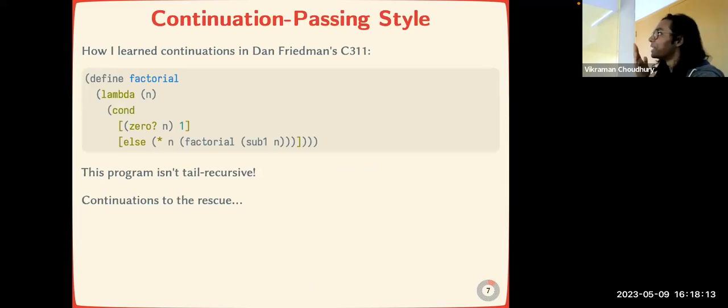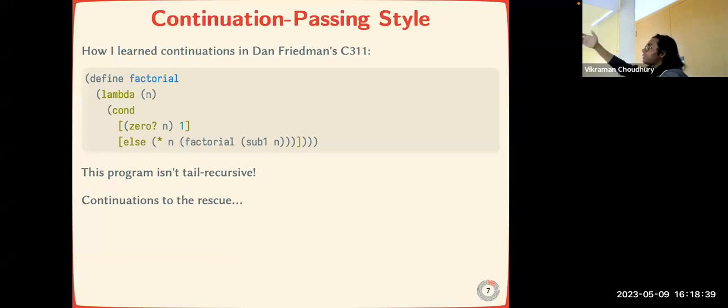Okay, so this is what continuations are informally. Since I'm from Indiana, where there are many experts on continuations, we have this amazing class C311 where undergraduates learn about continuations and continuation passing style. Here's the very basic reason why you want to use continuations. If you have a language like Scheme, you write your first recursive program, the hello world of recursive programs, which is factorial.